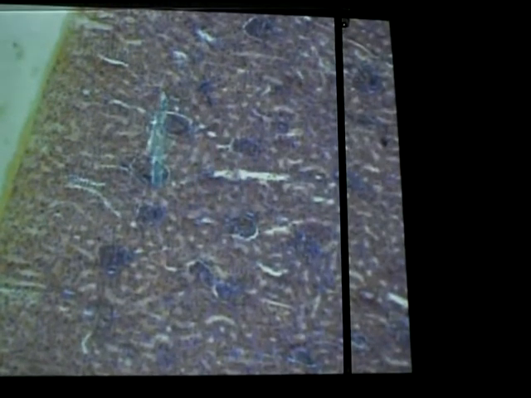So in the cortex, you have what's called your cortical labyrinth, and you have your medullary rays. Your cortical labyrinth pretty much is made up of your renal corpuscles. So you can see the renal corpuscles here, these circular structures. In the cortical labyrinth, you also find your proximal and distal convoluted tubules.